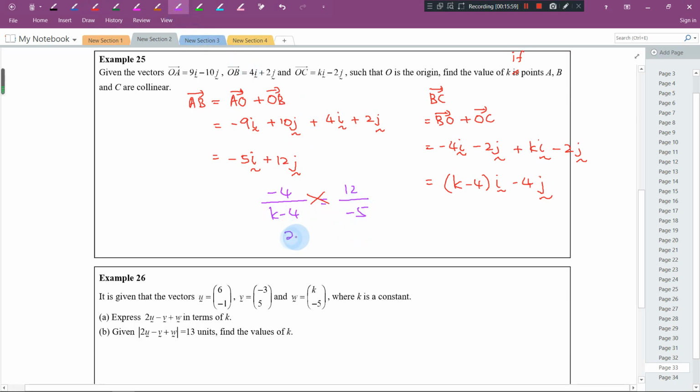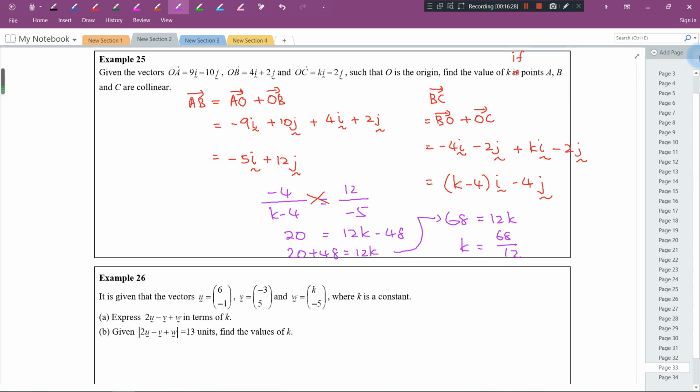You will get 20, and this is 12k minus 48. I move the 48 over here. 20 plus 48 is equal to 12k. So 68 is equal to 12k, and k will be equal to 68 over 12. You can use your calculator to help you simplify it.